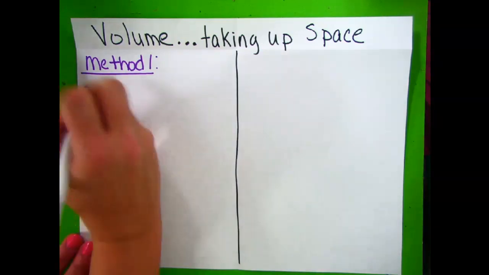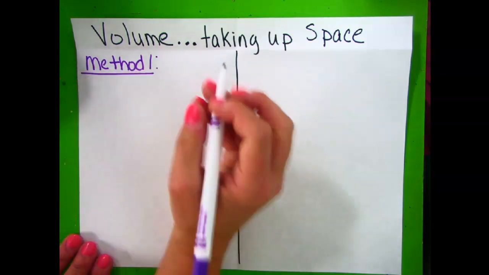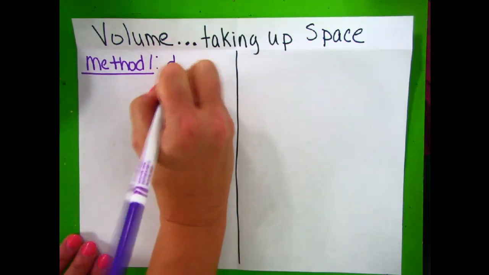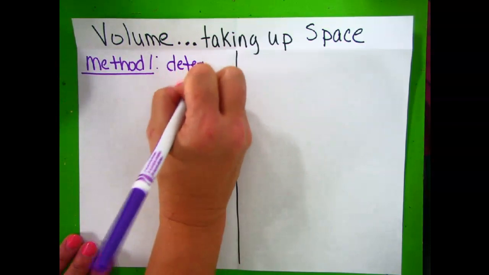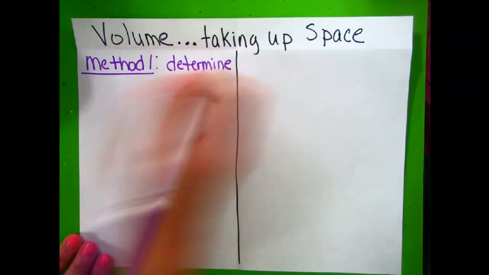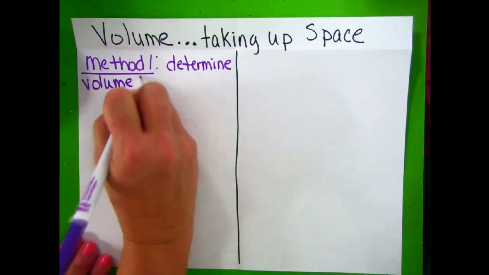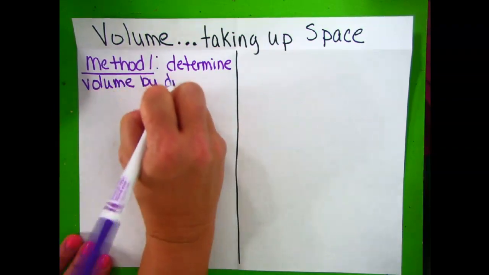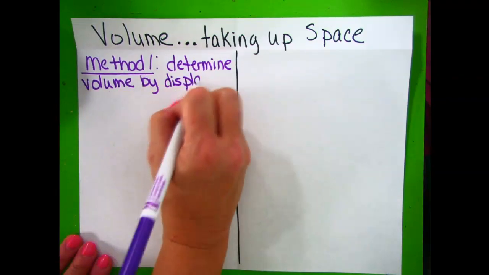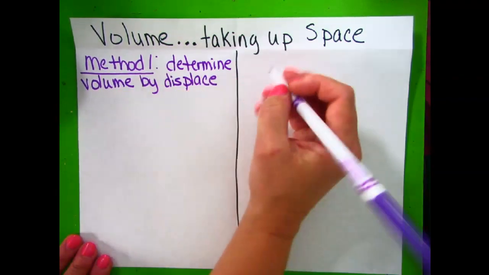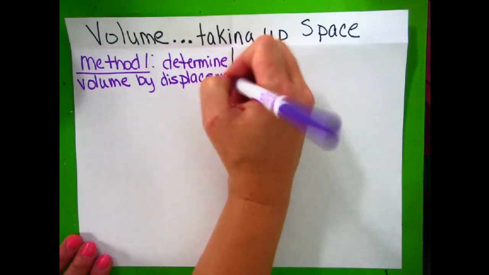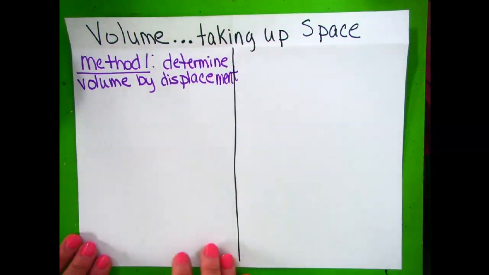So method number one is to determine volume by displacement. Oh, mine ran over. To determine volume by displacement.